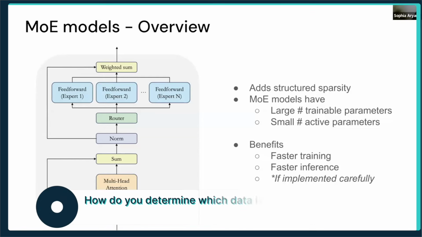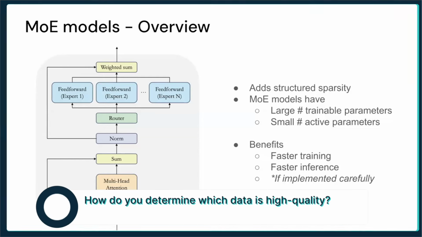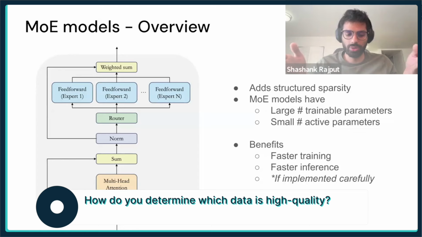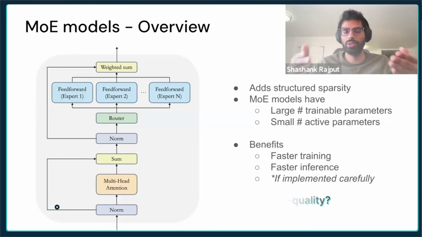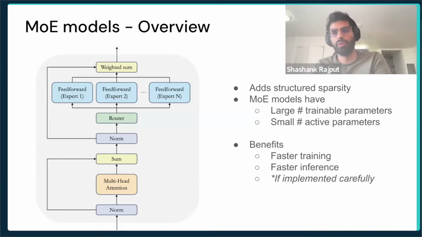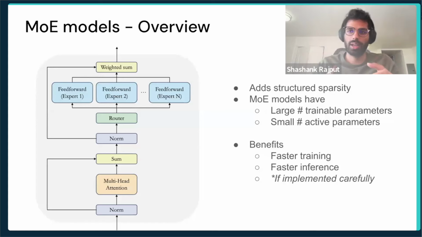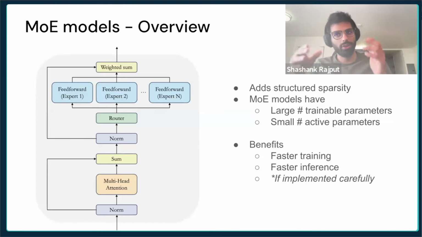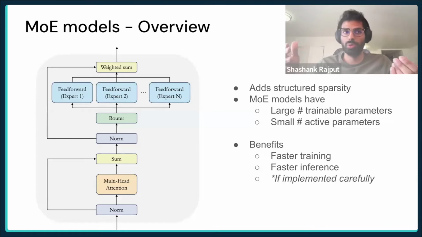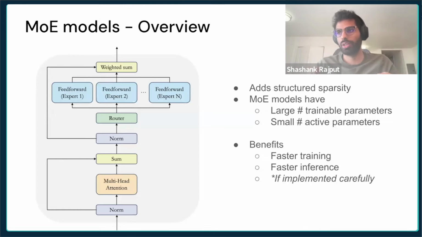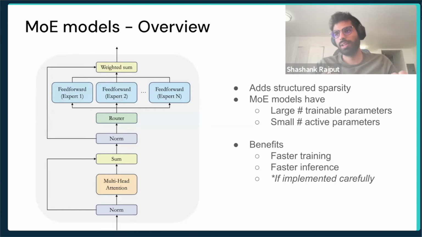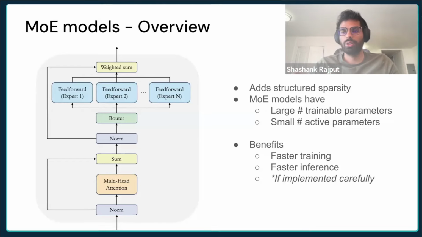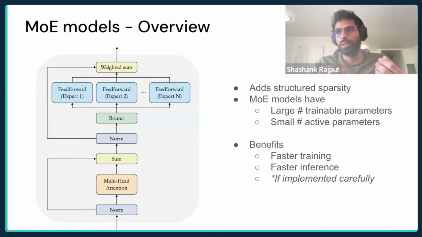When you say high quality, how do you judge something to be high quality or not? The gold standard to know that this is high quality data is to actually train a model on it, and if the model performs well, then you know it's high quality. But that's difficult to do because it requires you to actually train a model on that data. So there are things like manually inspecting it or trying to train a smaller model on it.